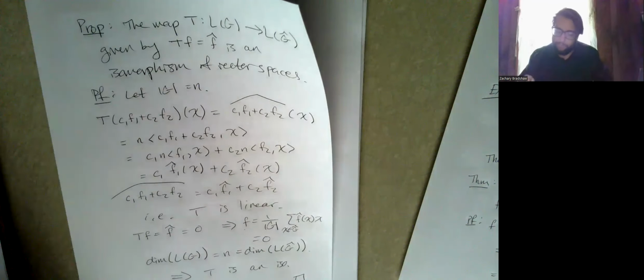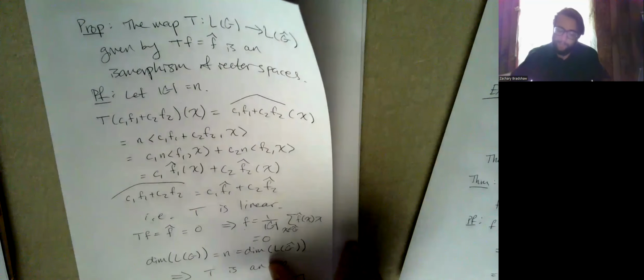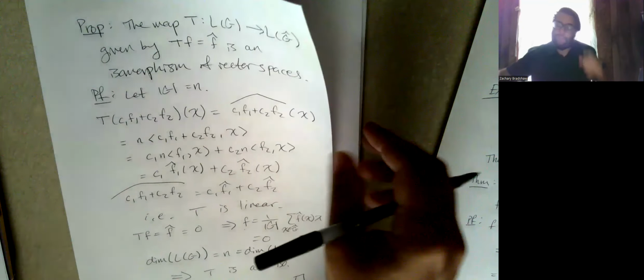Okay, so you can make this L of G space, this group algebra, into an algebra, right, using this convolution like we did before. But you can also just use pointwise multiplication. So what the Fourier transform does is it gives an isomorphism between these two structures. And specifically, it takes convolution to pointwise multiplication.